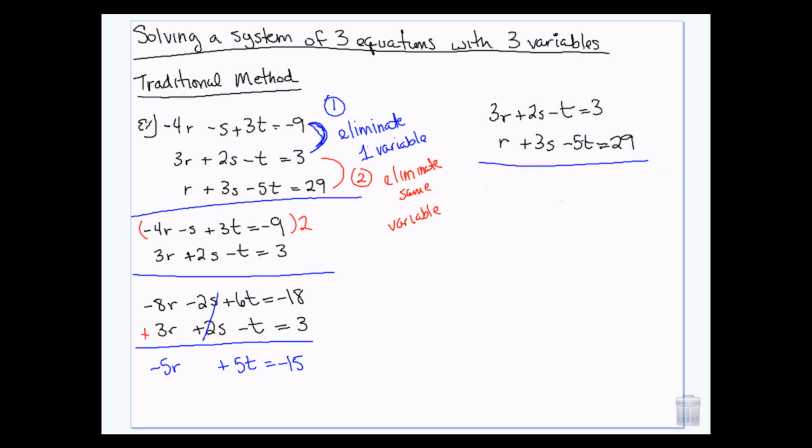So in order to get rid of s, I'm going to multiply this equation times 3, which will make this a positive 6, and this equation times negative 2, which will make it a negative 6, so that they'll cancel. So I get 9r plus 6s minus 3t equals 9, and negative 2r minus 6s plus 10t equals negative 58.